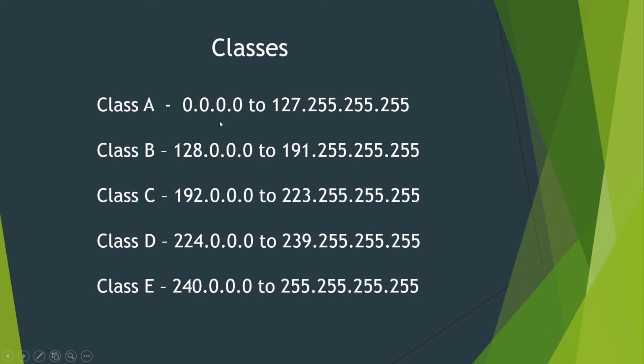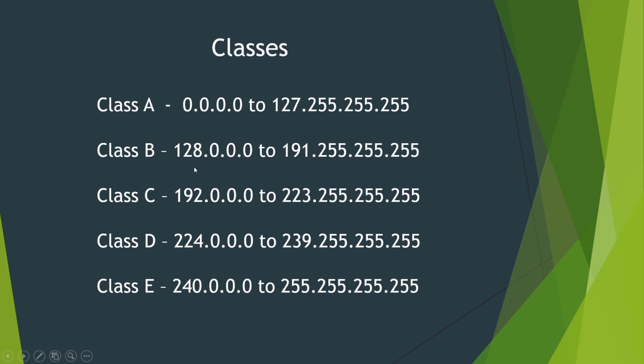Class A IP addresses are very large, as you can see, there are so many from 0 to 127. Nearly half of all IP version 4 addresses are taken by class A. That's why class A addresses are used by very large organizations to manage their IP addresses.